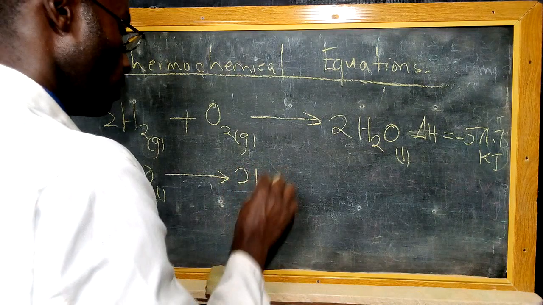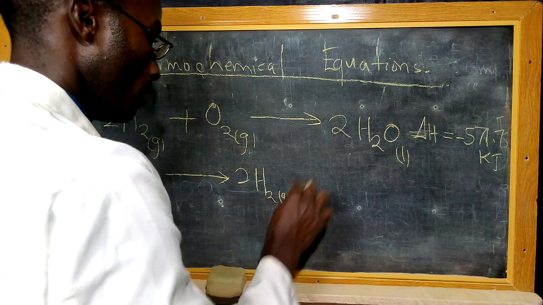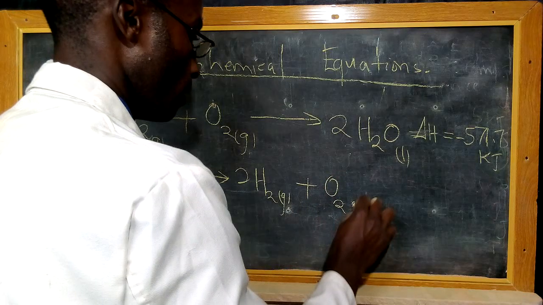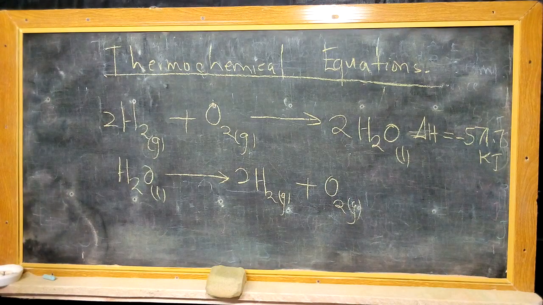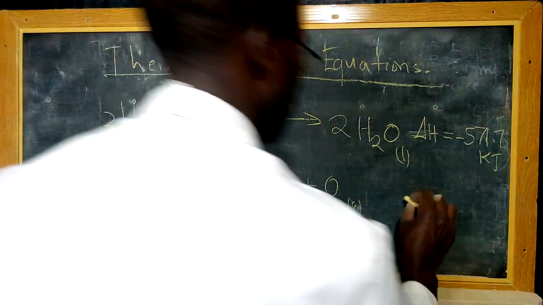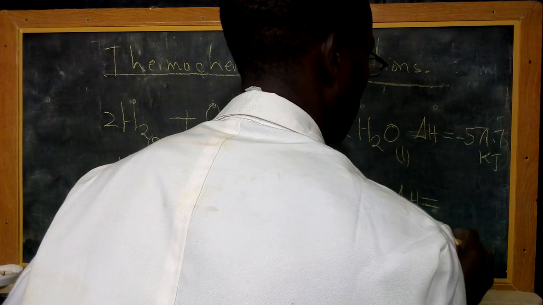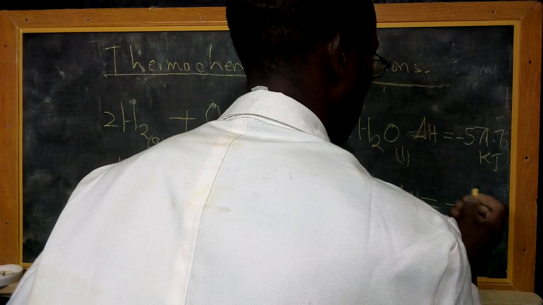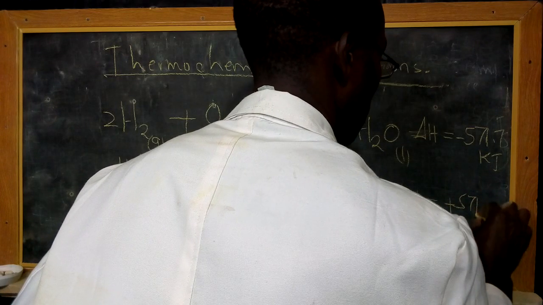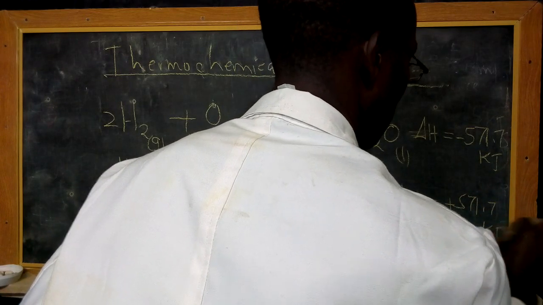which is 2 hydrogens plus oxygen. Now in that case we shall have the change in heat, which is the heat of reaction, the change in enthalpy, which is positive 571.7 kilojoules.